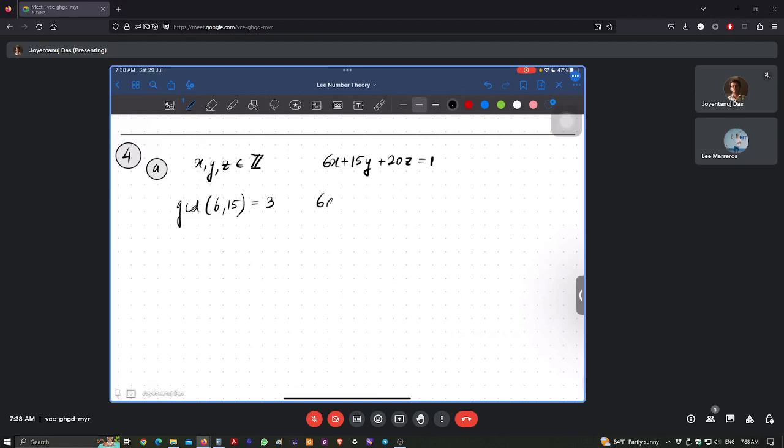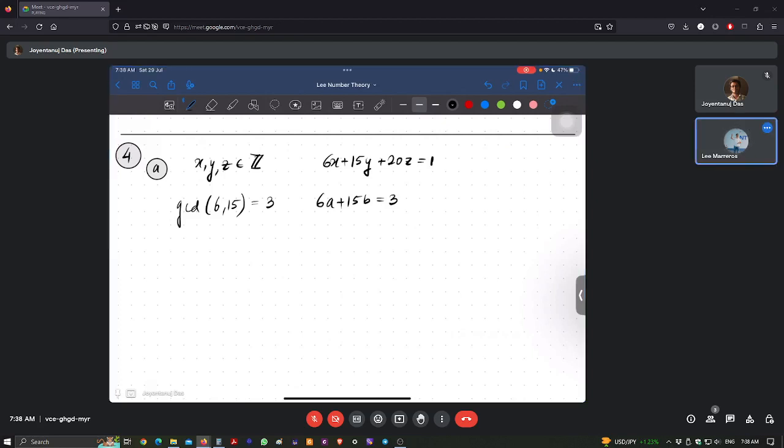Suppose 6a plus 15b equals 3. So let us find a solution. You can guess, or use the Euclidean algorithm, which is very simple since these are small numbers.